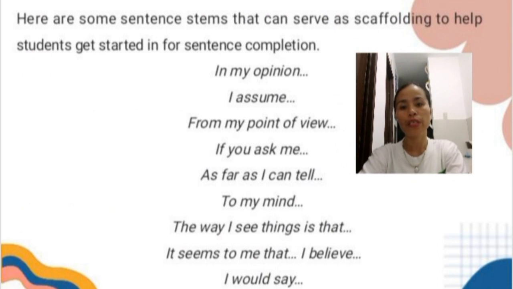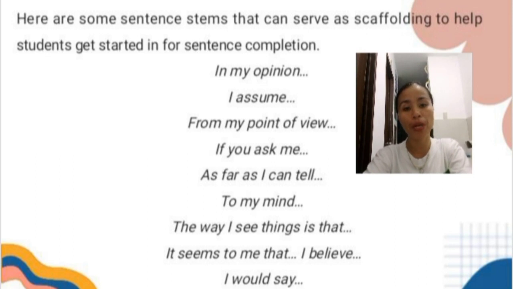These are some of the themes that can serve as scaffolding to help students get started in sentence completion. So, first, in my opinion, I assume, for my point of view, if you ask me, as far as I can tell, to my mind, the way I see things is that, it seems to me that, I believe, I would say.